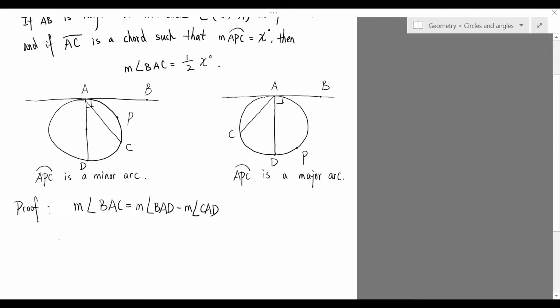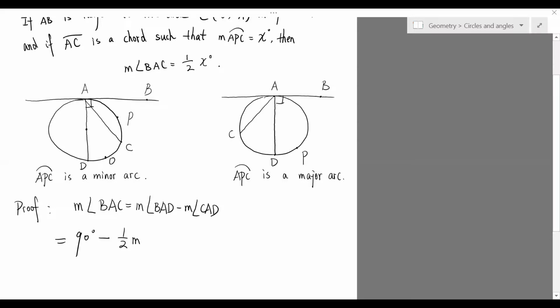What we have learned from the characterization of tangent line is that the angle BAD is precisely 90 degrees, while the angle CAD, which is an inscribed angle of the circle, is going to be of the same measure as 1/2 of the arc.